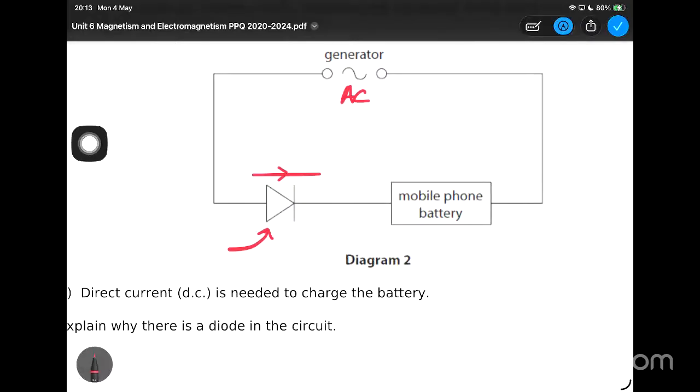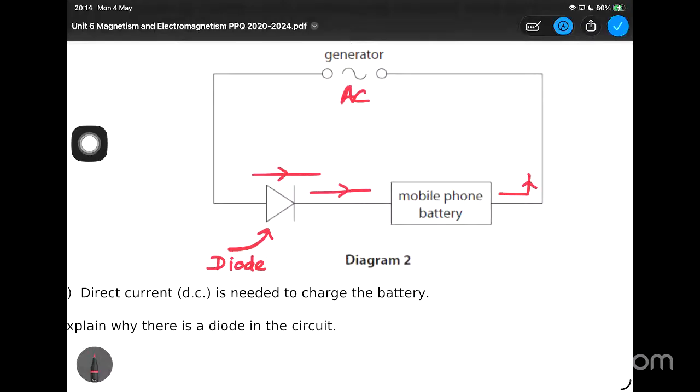It will be acting as some sort of valve, or we can say some sort of gate. Up to this place, there will be an alternating current, up to the diode. But from here onwards, the current only moves in one direction like this, right?